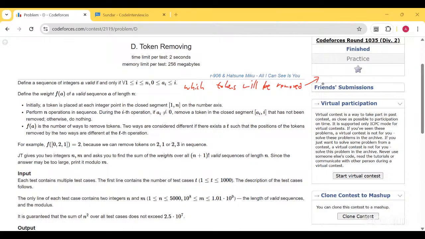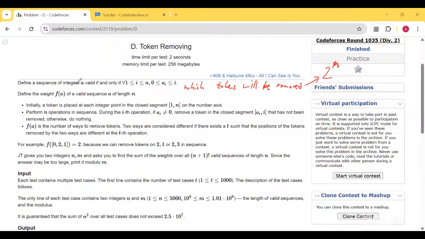Yes, of course, 2 power n. There are 2 power n possibilities.